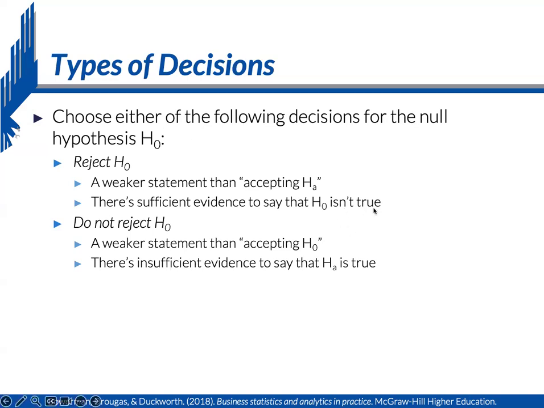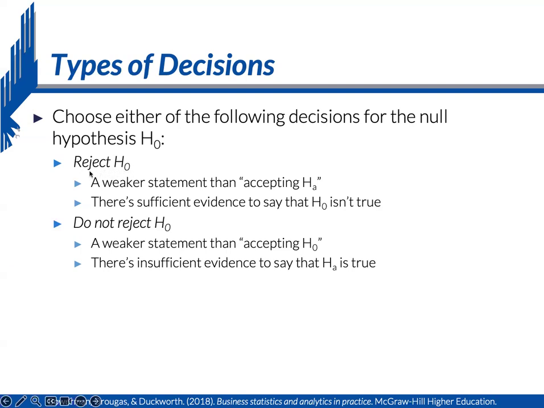So if our evidence is overwhelming in support of the alternative hypothesis, we make the decision that we reject the null hypothesis. We reject the null hypothesis because this is no longer true. Our evidence now supports the alternative hypothesis.